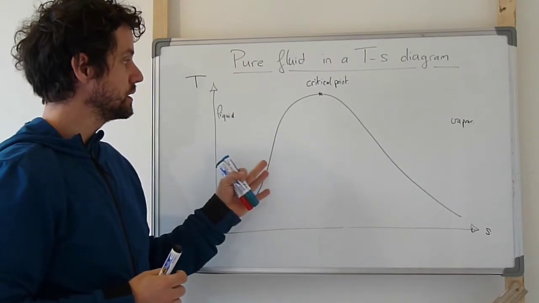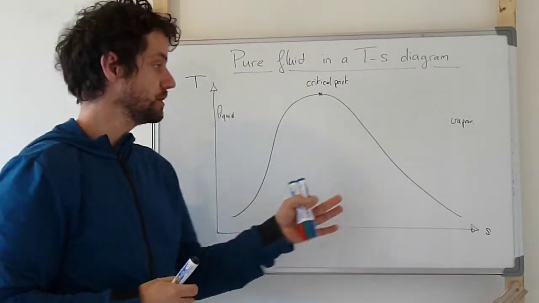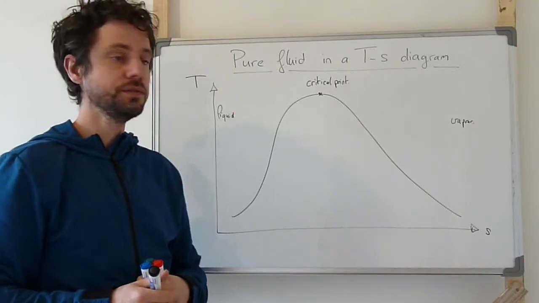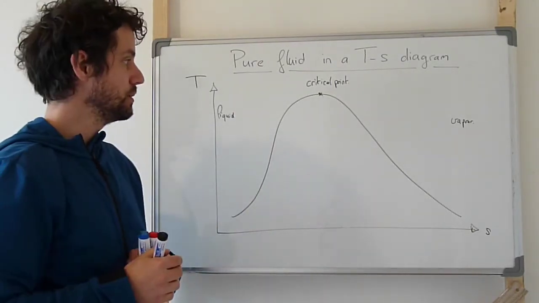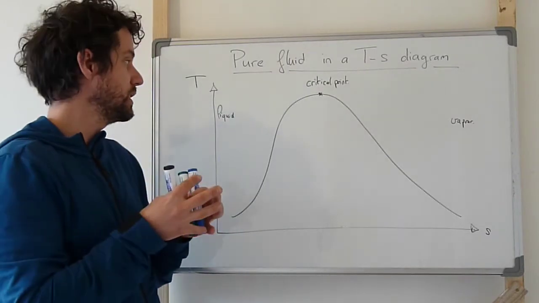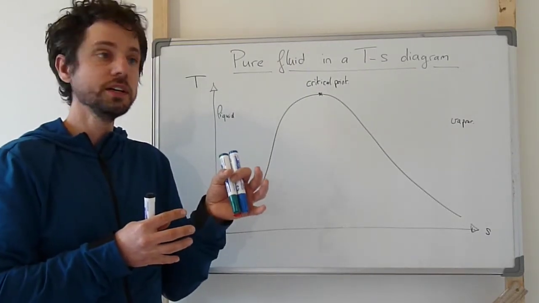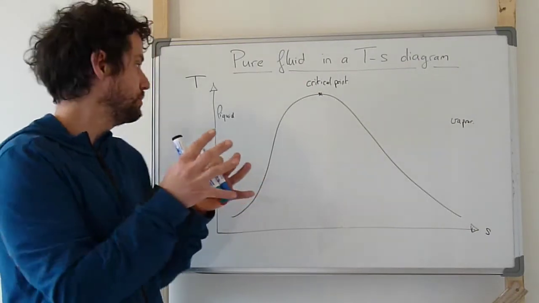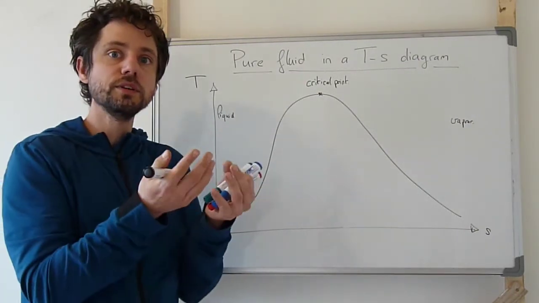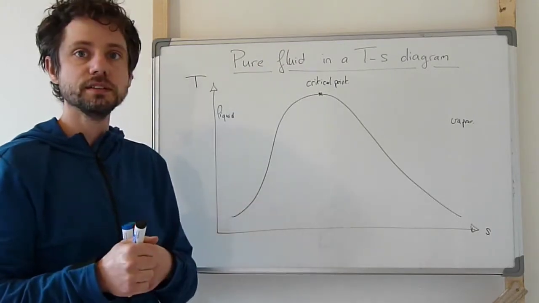Inside the saturation curve, so that is below the saturation curve, this space is used to represent a mixture that is made of one fraction of liquid and one fraction of vapor, both of them being at equilibrium, so being saturated.